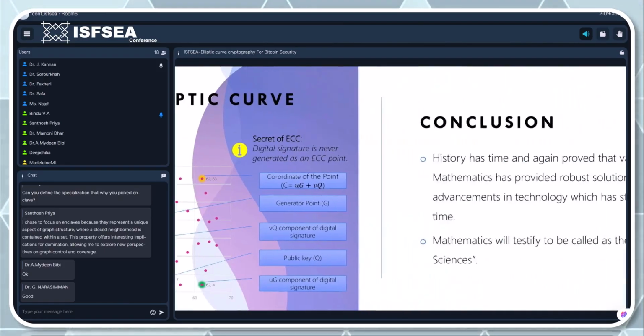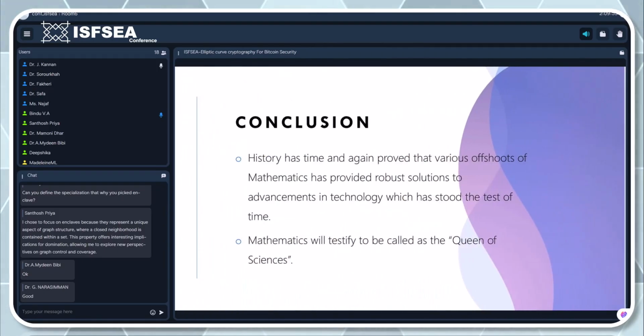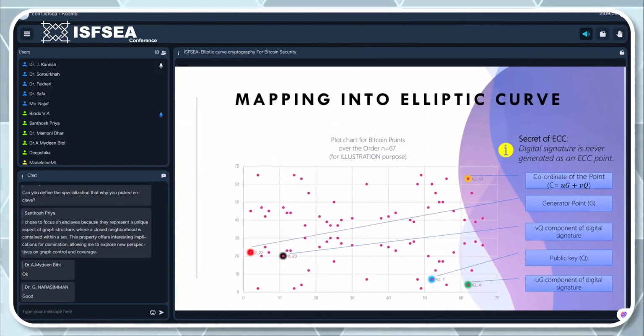And the coordinates of the point C is equal to UG plus VW. Then if the digital signature is matched with the value, then the Bitcoin is transferred.